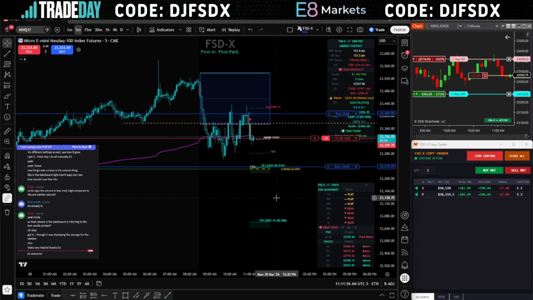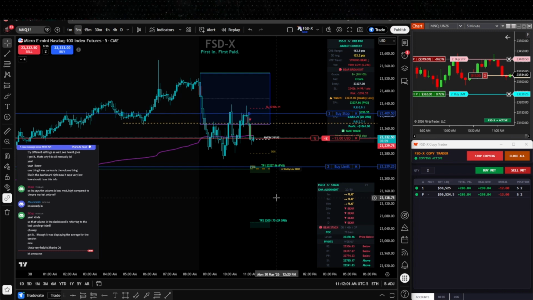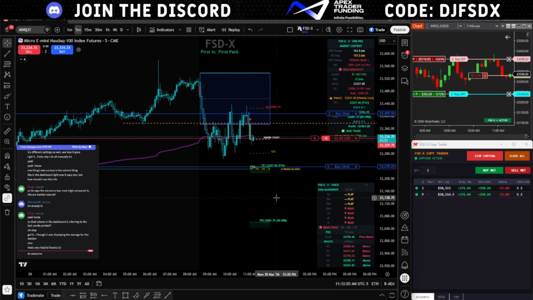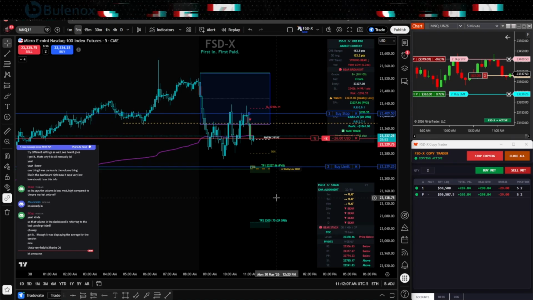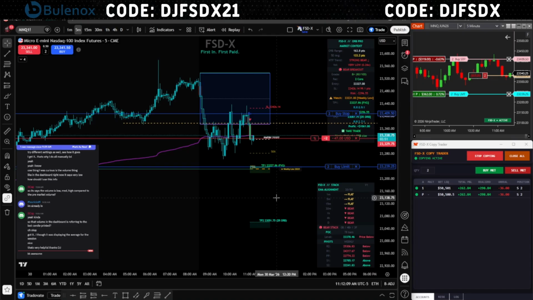Yeah, so we haven't been making any lower lows, but we made almost equal highs in the ORB. We'll see. We haven't even threatened midline.